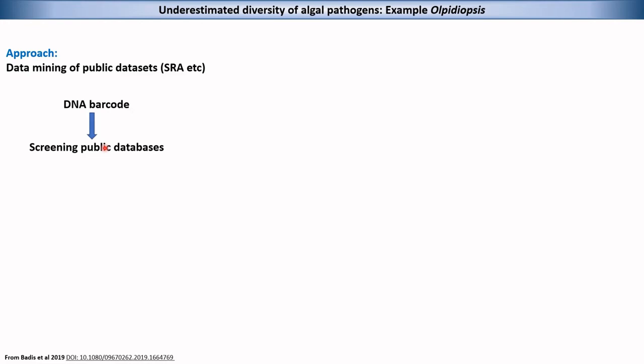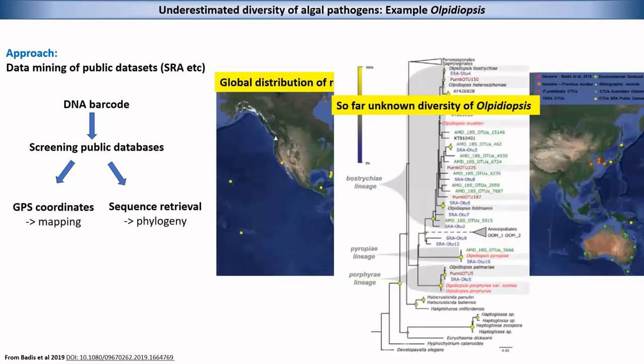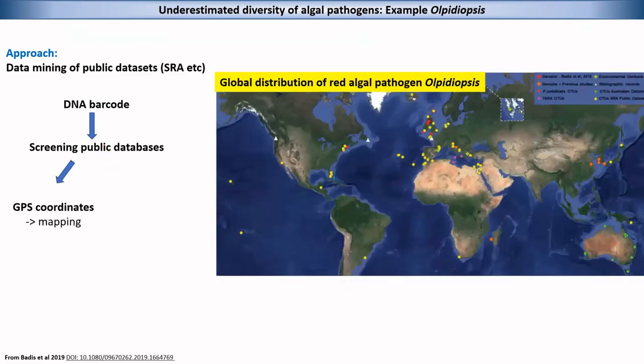This has been done with the pathogen Pediopsis using a custom pipeline, and this allowed to retrieve two sets of information. First of all, GPS coordinates could be extracted from those data sets, and this allowed the mapping of the pathogen.